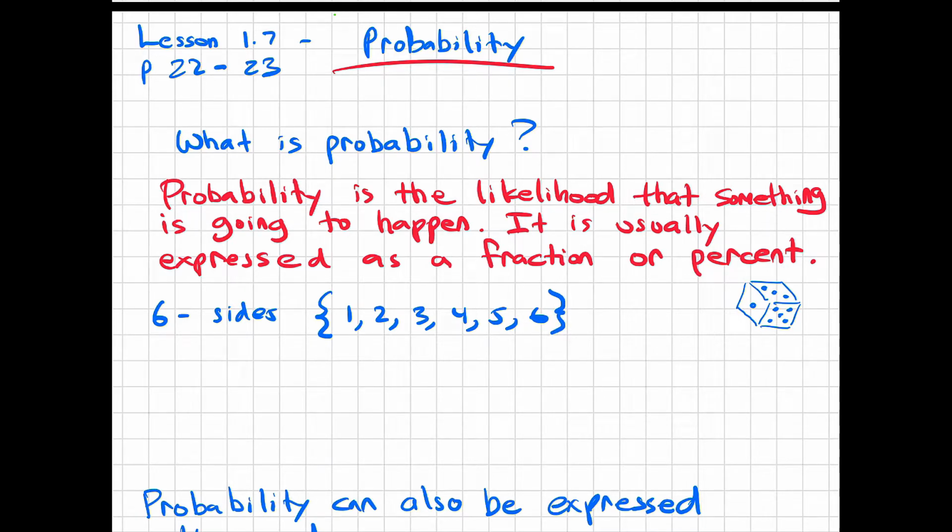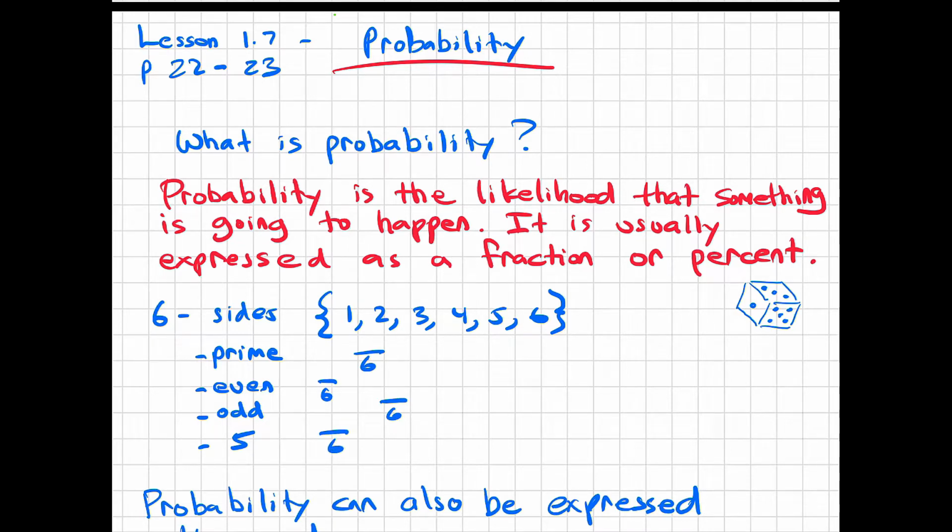I could talk about the likelihood or the probability of rolling a prime number, an even number, an odd number, or a 5. Each one of those is going to be a fraction out of 6.